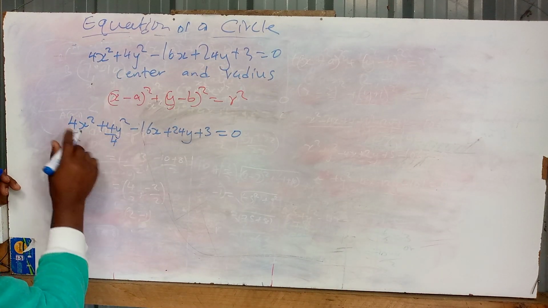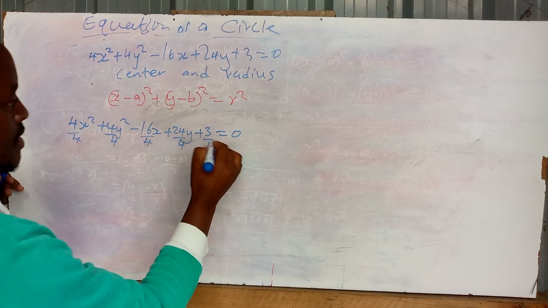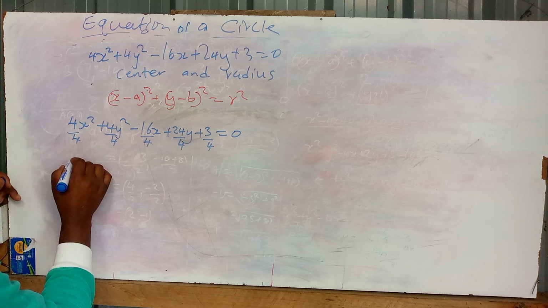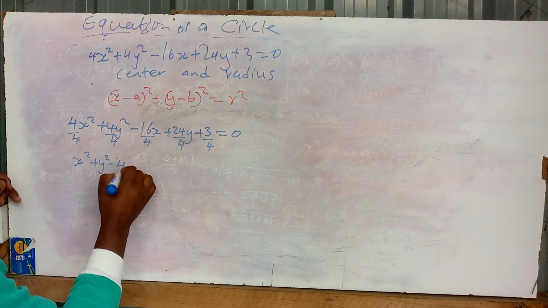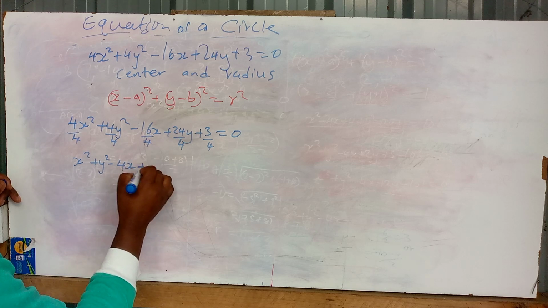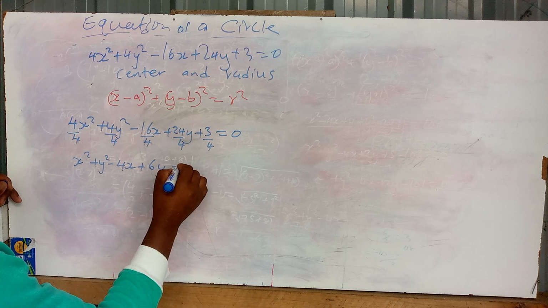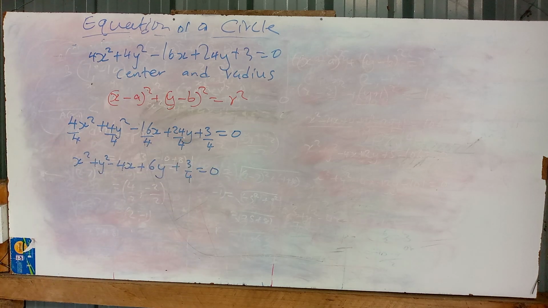We want the coefficient of these two to be 1. So dividing, we get x squared plus y squared minus 4x plus 6y plus 3 over 4 is equal to 0.